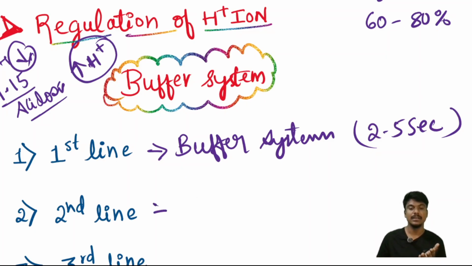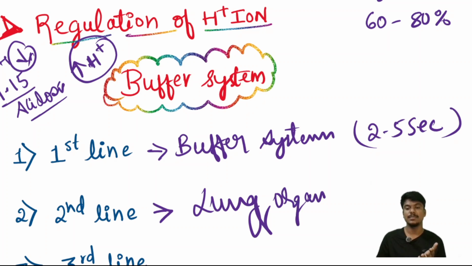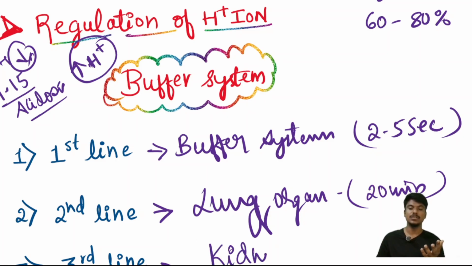Second line of defense: the lungs are the second organ to respond for the change in blood pH. It will take around 20 minutes to compensate. Third line will be your kidneys. The kidney is the third organ to respond for the pH change.